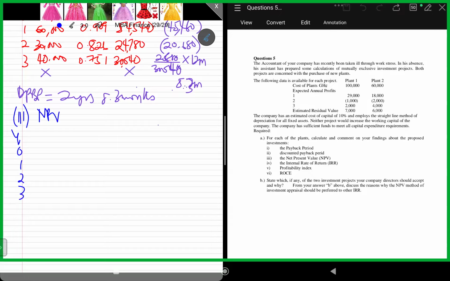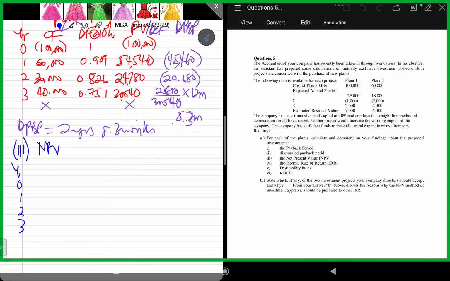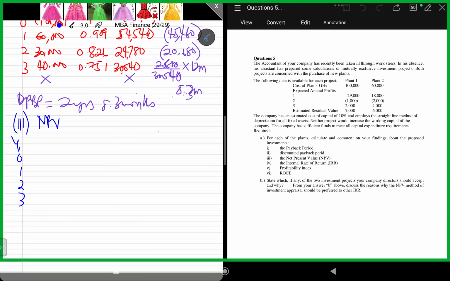Between computing the plan 1 discounted payback and the plan 2 discounted payback, what is common between both of them? The discount factor is common.